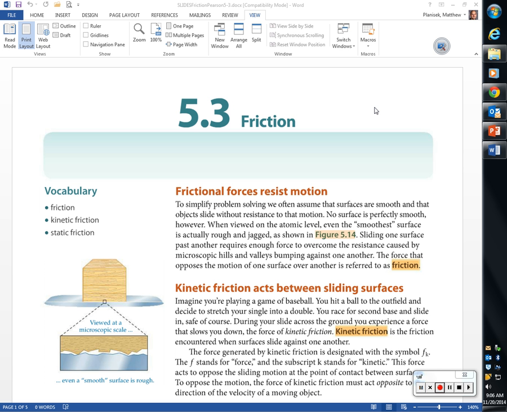All right. So the book slides across the table, ultimately coming to rest. Actually, I should do that here. Let's do this to make it a little bit easier. Ready? All right. So the book slides across the table, ultimately coming to rest.